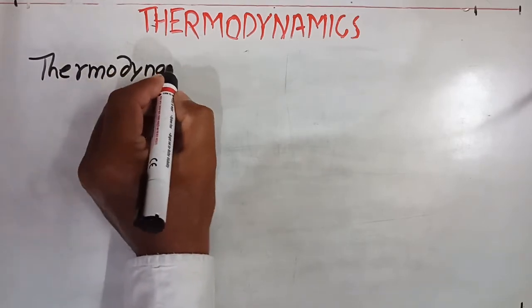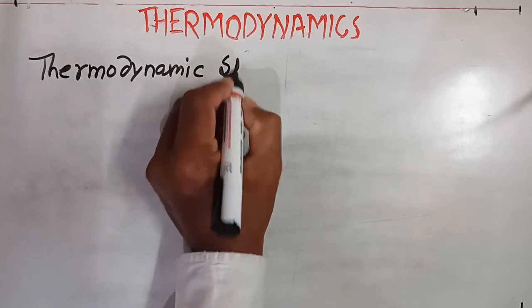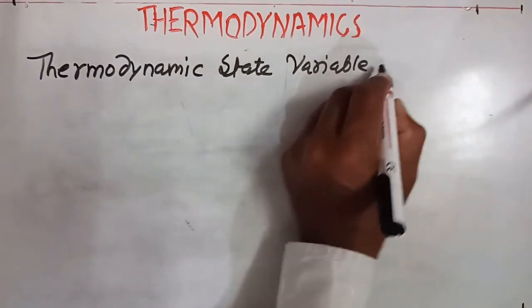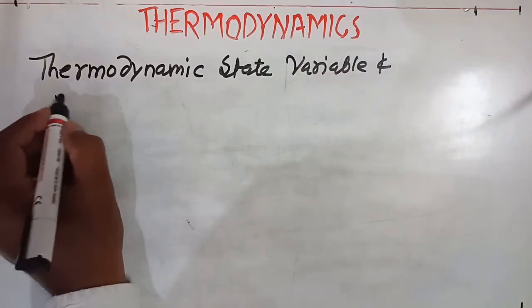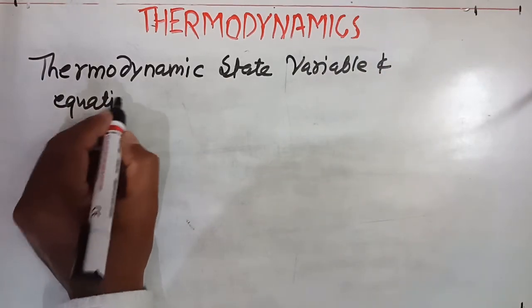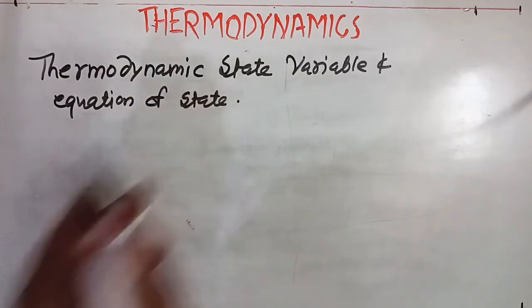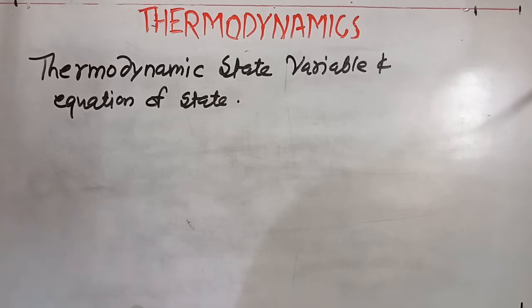Thermodynamic state variable and equation of state. What is this thermodynamic state variable? Thermodynamic state variables are the properties of a system. The property of a system is also known as a state variable, also known as a system variable.